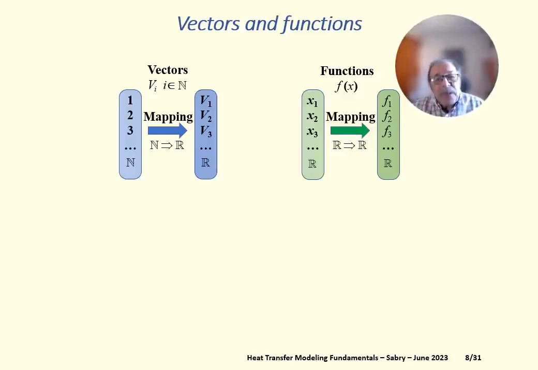A vector is a mapping of N into R. V1 corresponds to 1, V2 corresponds to 2, etc. The function is also, if I have a function of x, x being a real number, it's a mapping of R into R. We have x, we have a certain number of points, an infinite number of points, by the way, x1, x2, x3, etc. And for each value of this, I have a corresponding value of f, f1, f2, f3, etc.